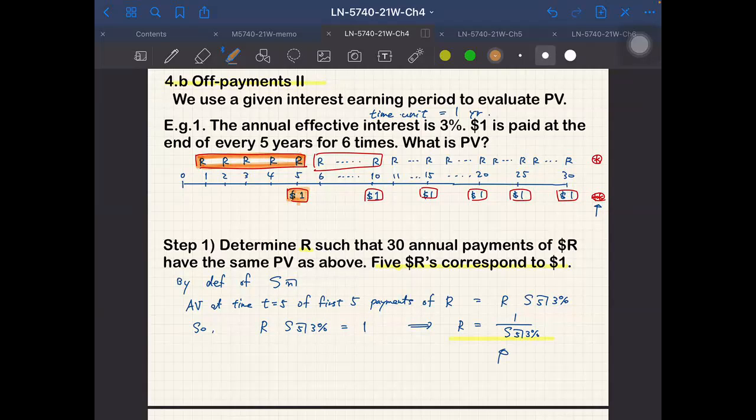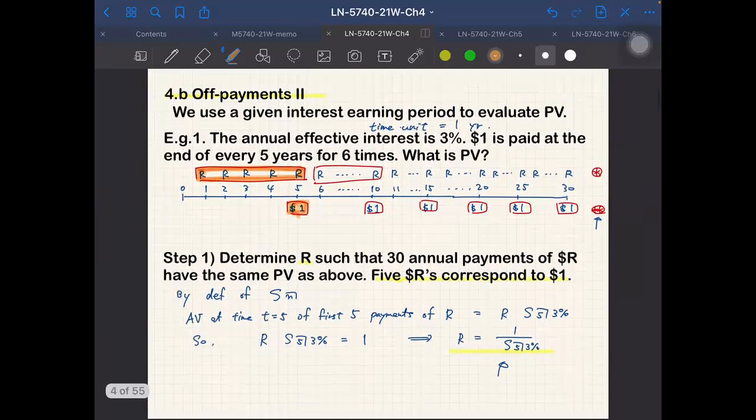You can see that the present value of the cash flow in the time diagram is R times A right angle 5. If we equate this with this $1, we can see this once-every-5-year payment as a sequence of 30 payments.